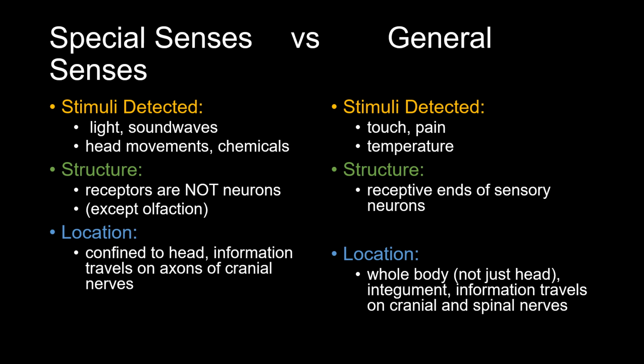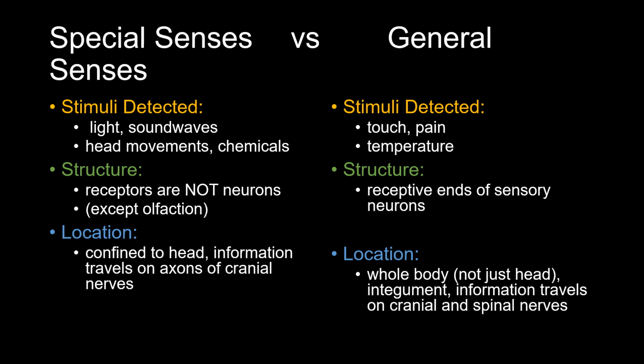These sense organs then convert these stimuli into electrical signals that are passed on through neurons via neurotransmitters. Olfaction is actually the only special sense in which the receptor cells are neurons.